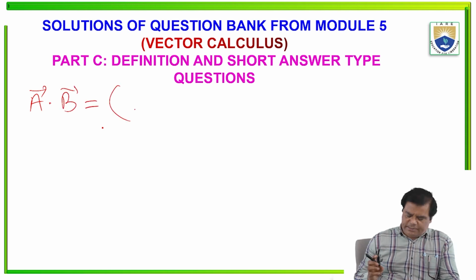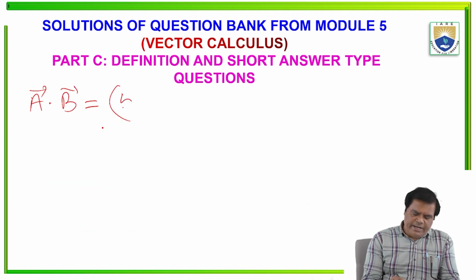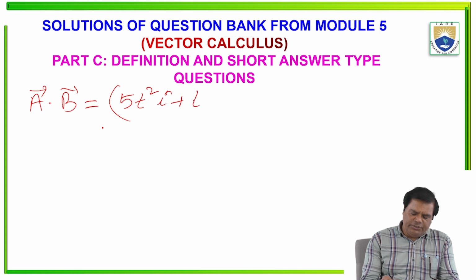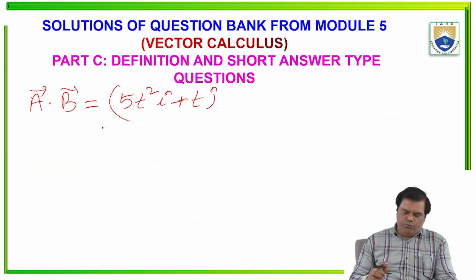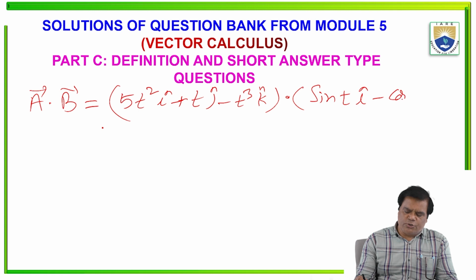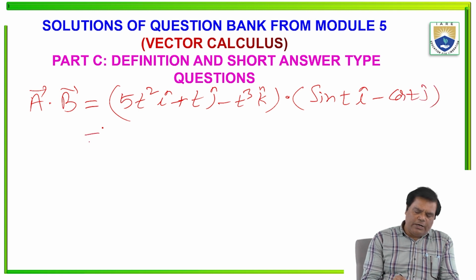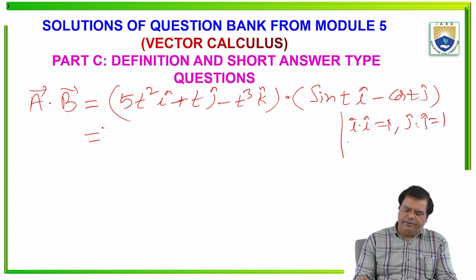A vector is 5t² i plus t j minus t³ k, dot product with sin t i minus cos t j. Here i dot i is 1, j dot j is 1, k dot k is 1.